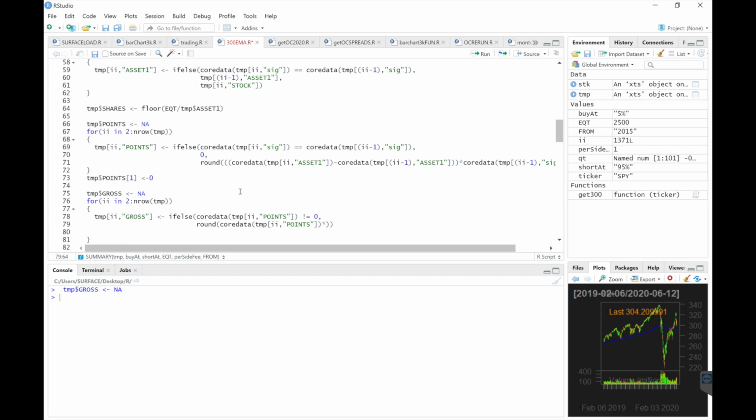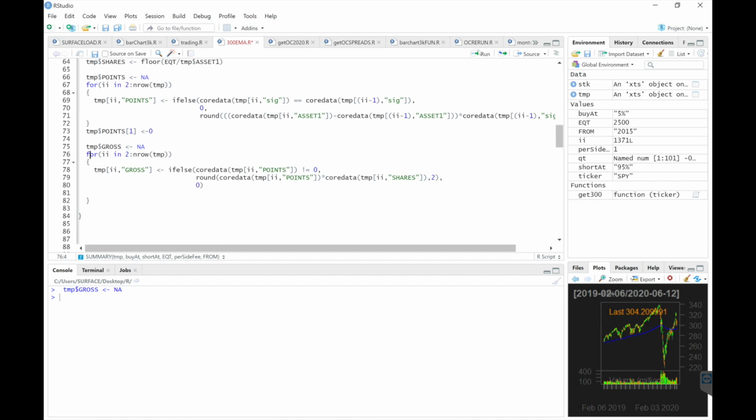I'm going to multiply that by our number of shares. So we'll do coredata temp, iterator, shares. Going to round that to 2 decimal places. Otherwise, we return 0.